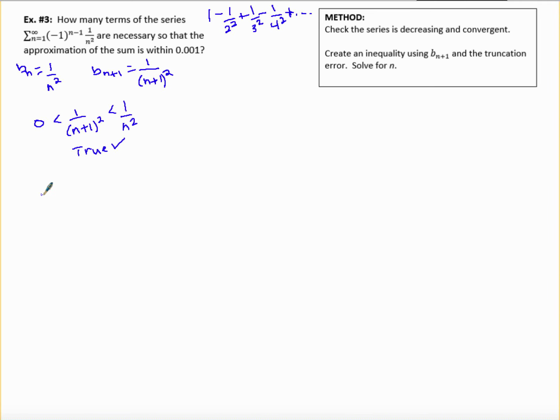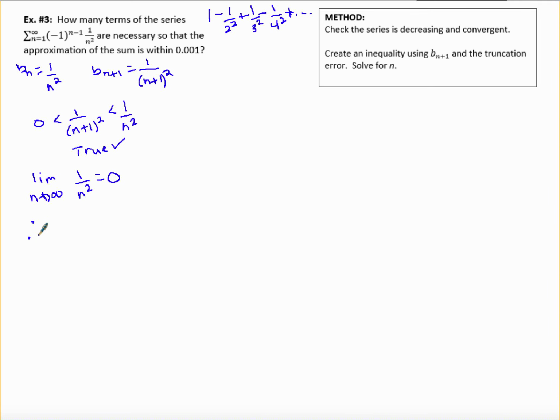Now let's show that the limit is equal to 0. So the limit as n approaches infinity of b sub n, and we definitely know that this is true. This is 0 because if your denominator is getting bigger and bigger and bigger, 1 divided by a really big number is going to get closer and closer to 0.